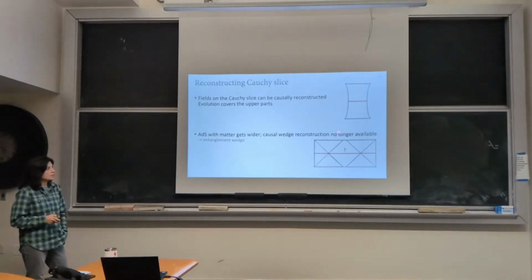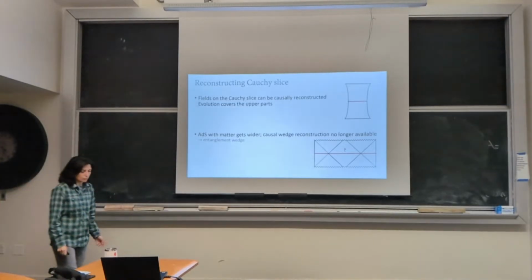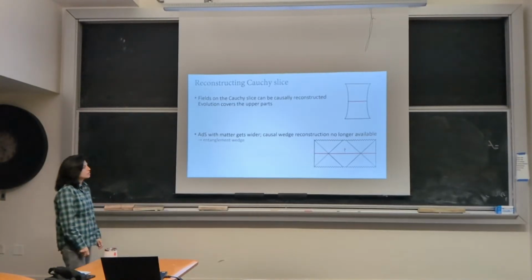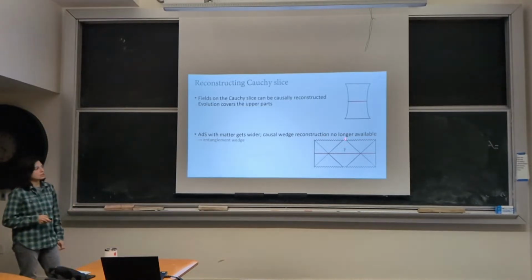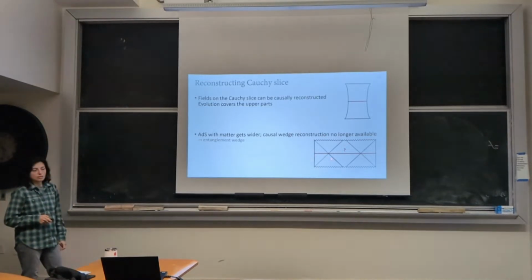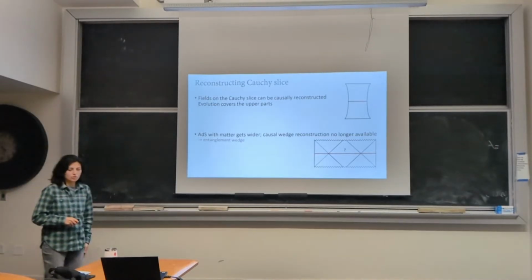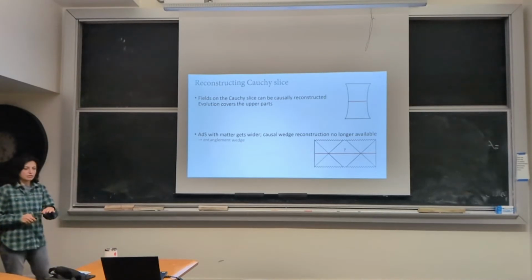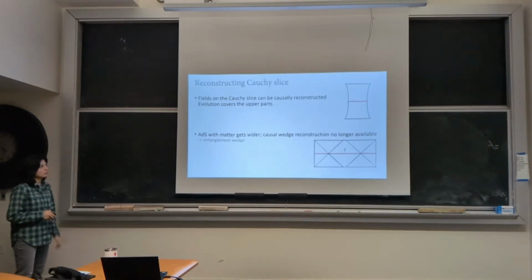Just to compare with AdS, this is AdS short tube. If you perturb it with matter, the length of the wormhole becomes larger, and there's a region in the middle of the space that doesn't have any causal connection to the boundary, so causal reconstruction doesn't really exist. But in de Sitter, we have that advantage actually.